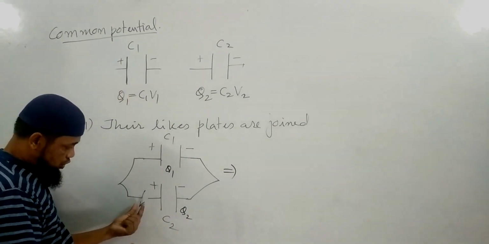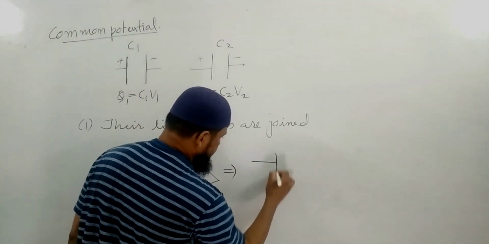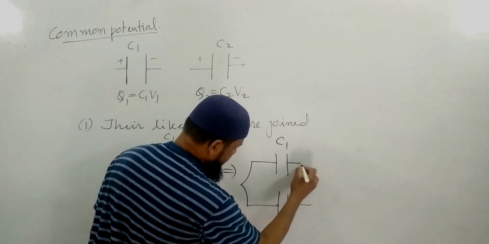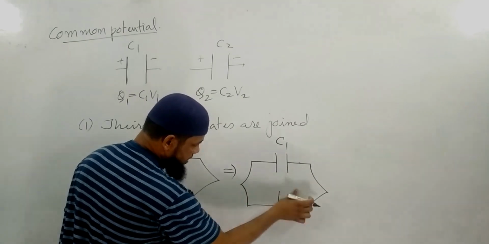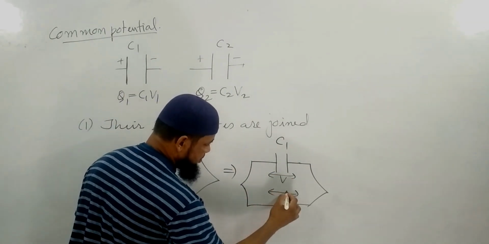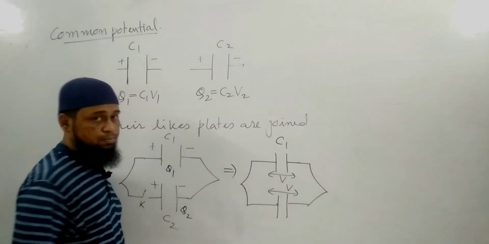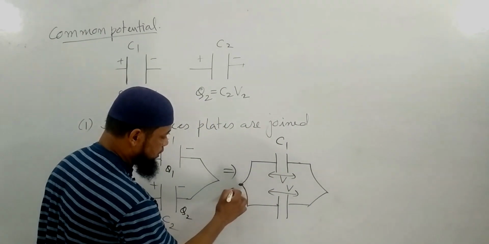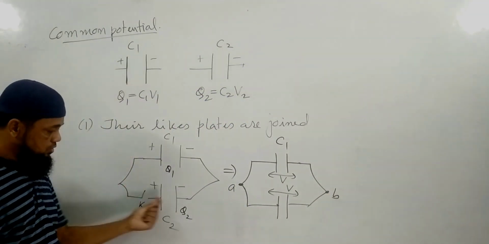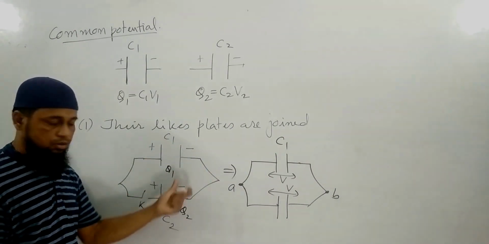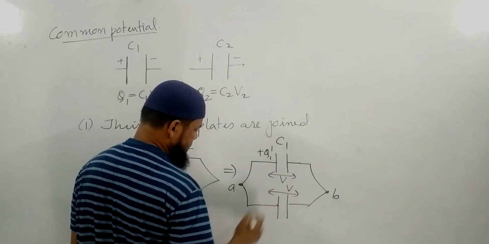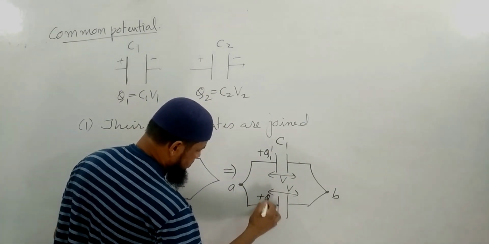If I join this switch, charges on the capacitors will get modified, and the potential difference across this one and across this one will become the same, V. This will be called the common potential, which we can call the potential between A and B. Between these positive plates and between these negative plates, distribution of charge will take place. Suppose here charges become Q1 dash, and here suppose charges become Q2 dash.